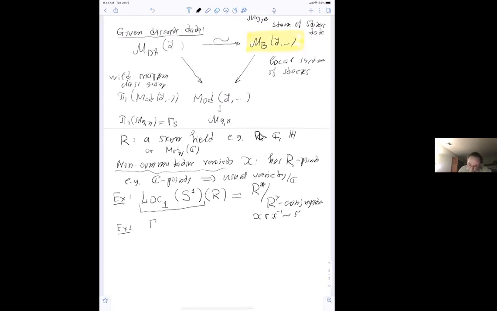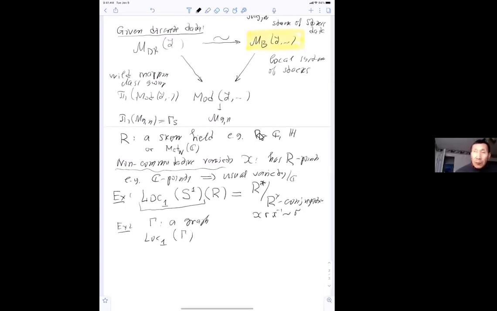So that's an example, or you can elaborate this example a little further. You can take gamma to be a graph, any graph, and we can introduce notation for flat families of flat vector bundles with one-dimensional fibers. And when R is the matrix ring, then R star you want to take to be all the invertible matrices, modulo conjugation.